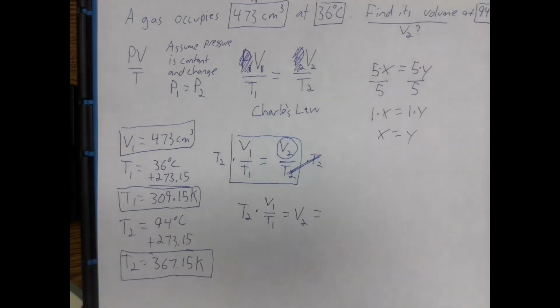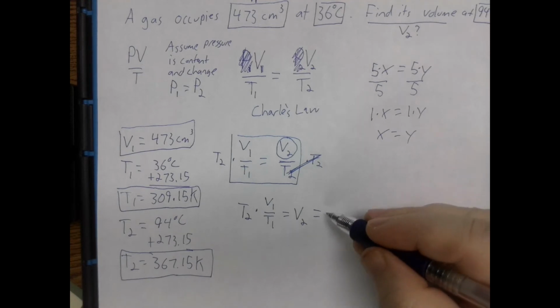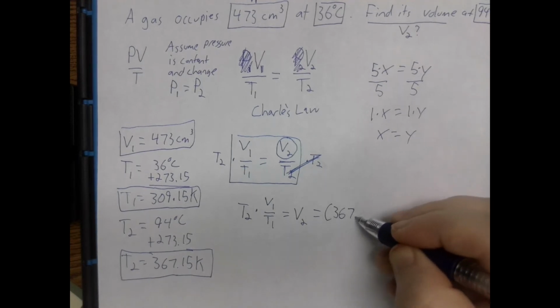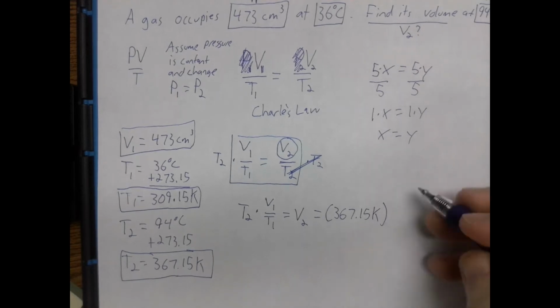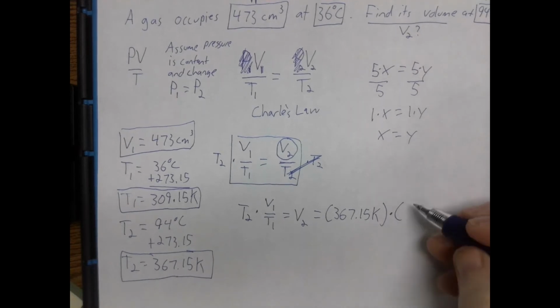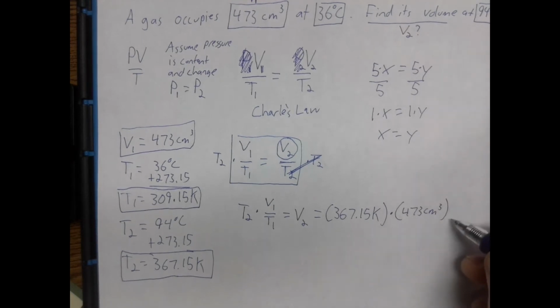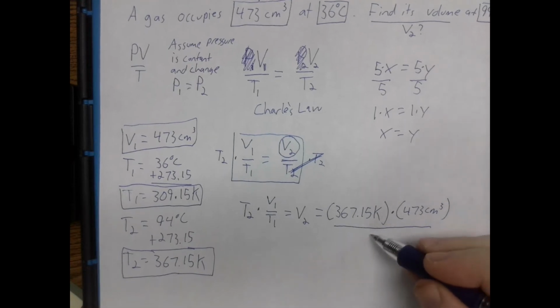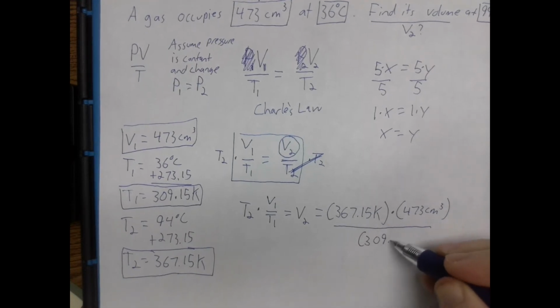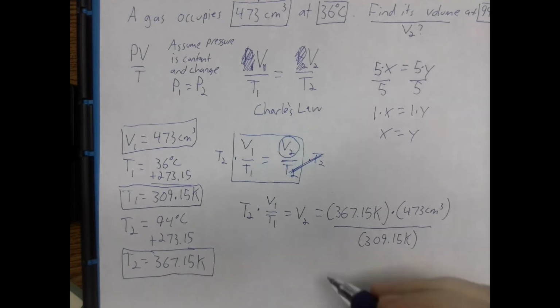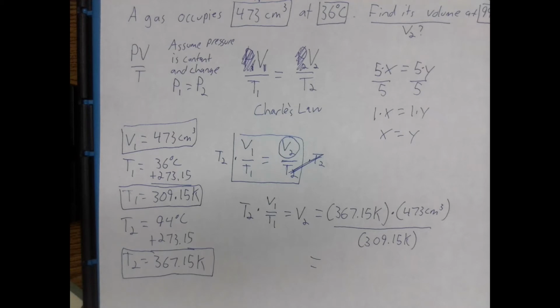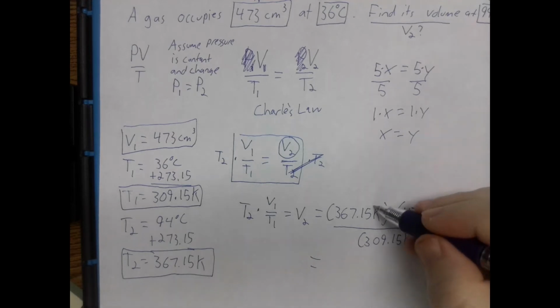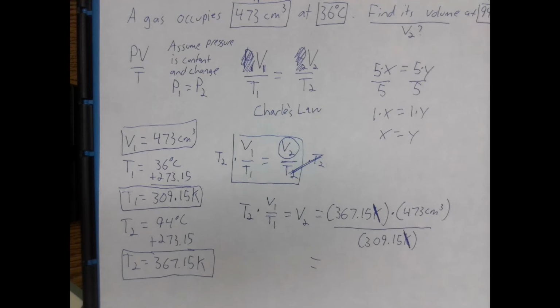So final volume would be equal to T2, which is 367.15 Kelvin, times V1, 473 cubic centimeters, divided by T1, 309.15 Kelvin. Notice that Kelvin cancels out, giving us only cubic centimeters as the remaining unit.